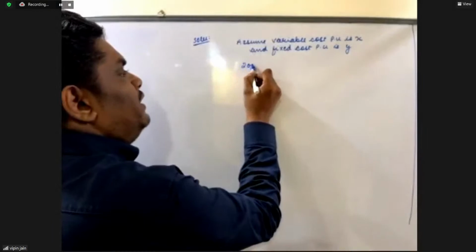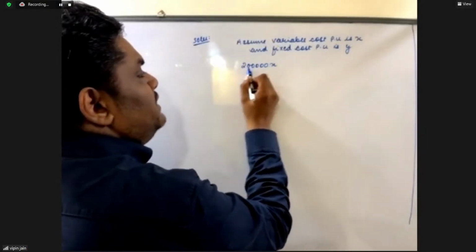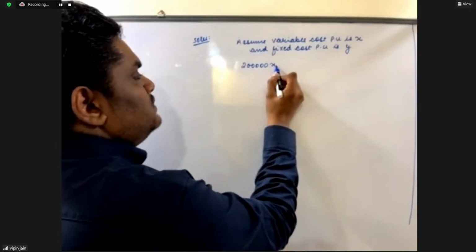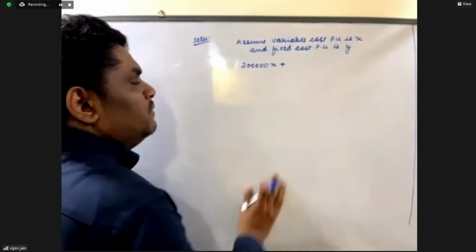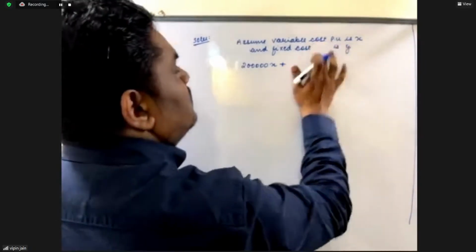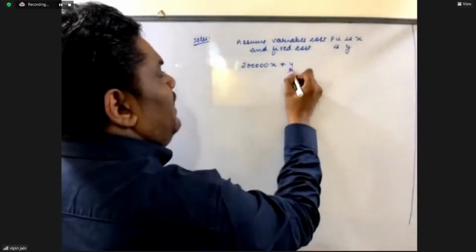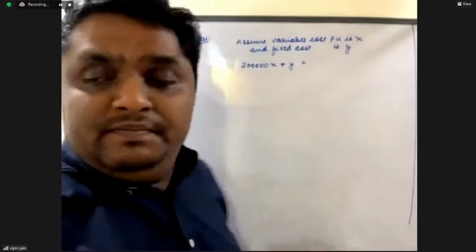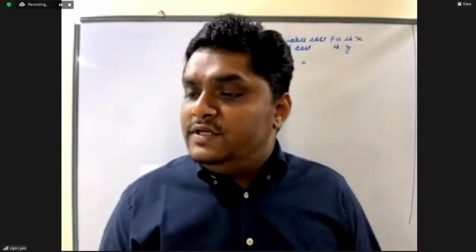So 2 lakh units into X, these are the units and this is variable cost per unit, and the fixed cost is Y. So 2 lakh X plus Y should be equal to 2 lakh into 4.5. This will be 9 lakh.